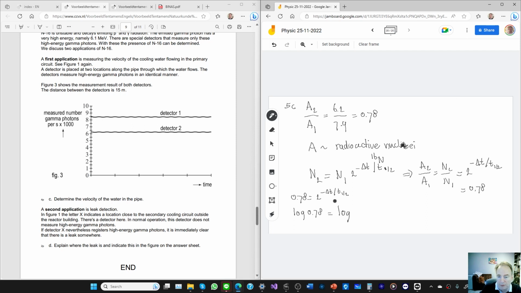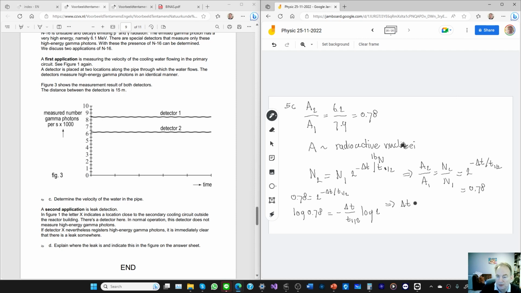Let me immediately simplify it: minus delta T divided by T 1/2 times log 2.